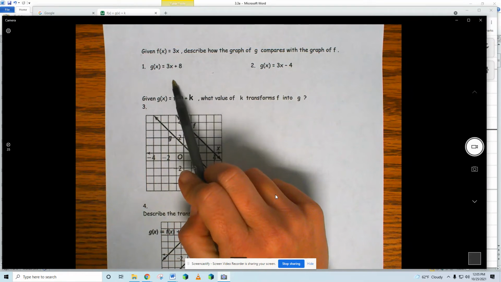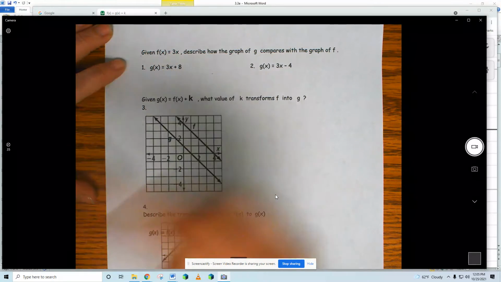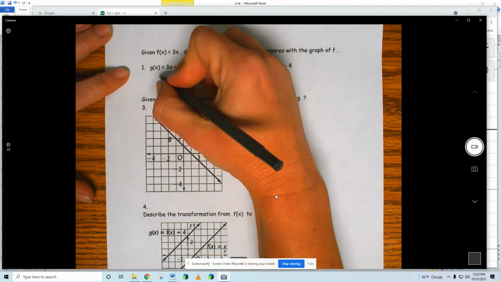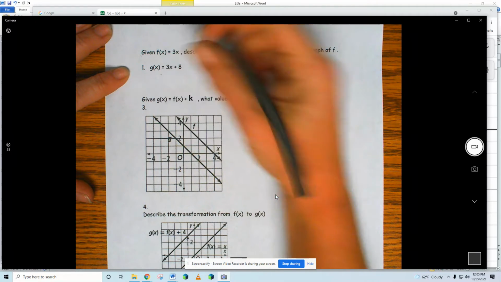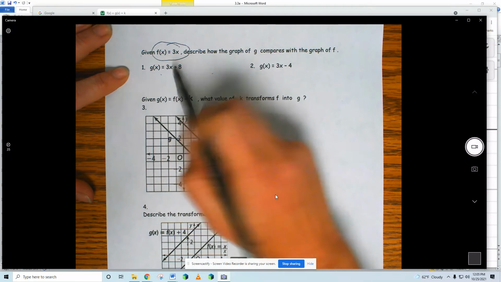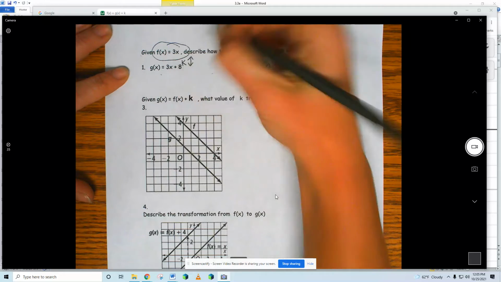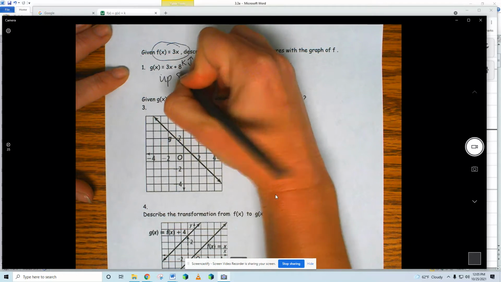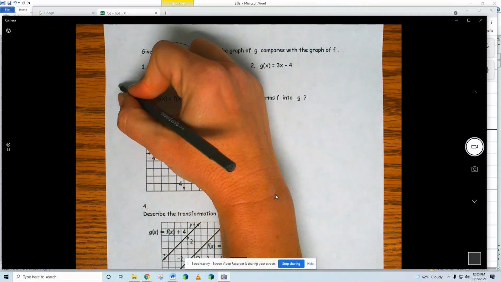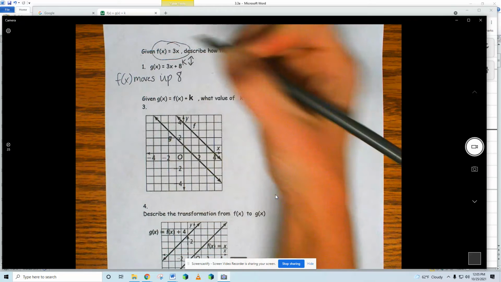And then I'm going to do number 1, plus 8. Describe how g compares with f. F of x is just 3x plus 0. Now if I put a plus 8, my k tells me to go up or down. I'm going up 8. I could write, let's be clear, f of x moves up 8.